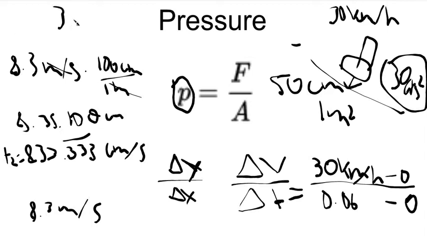So we get 30 kilometers an hour divided by 0.06 seconds. Oops.